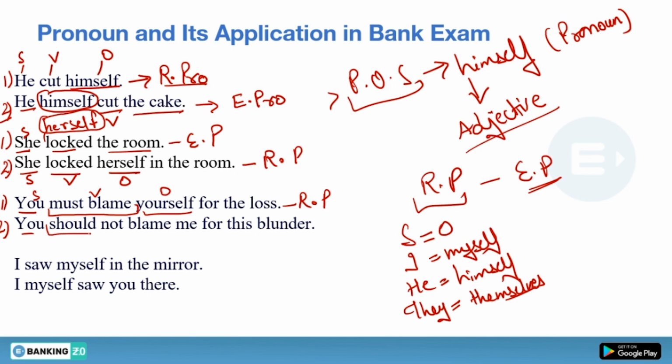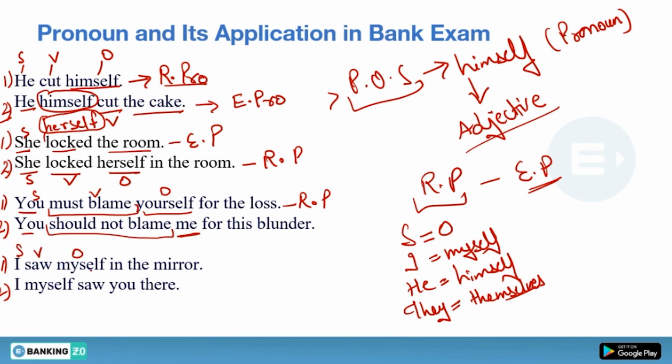You should not blame me for this blunder. So this is your simple sentence. The reflexive pronoun or emphatic pronoun are not used here. All right, so next sentence we have, very important sentence. I saw myself, subject, verb and object.